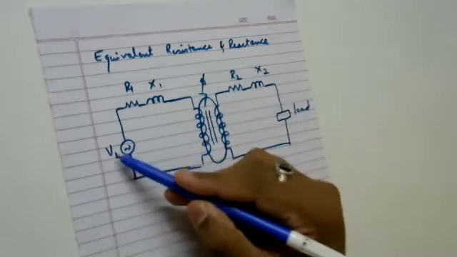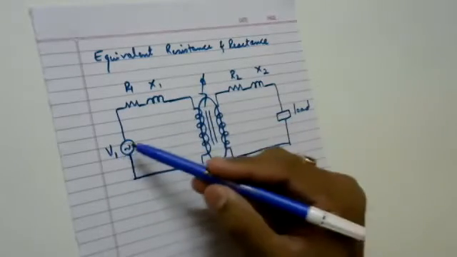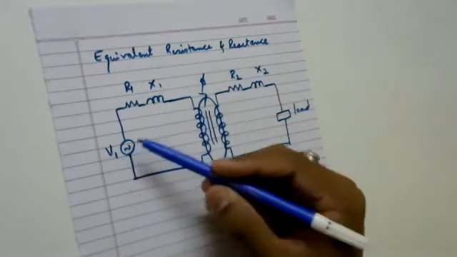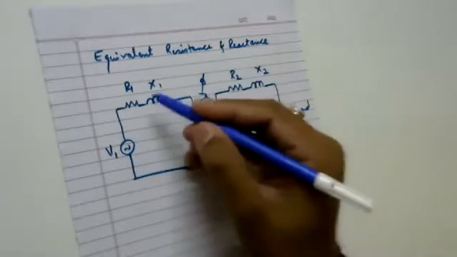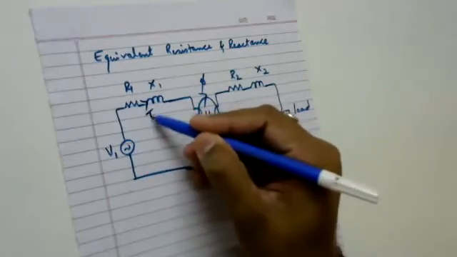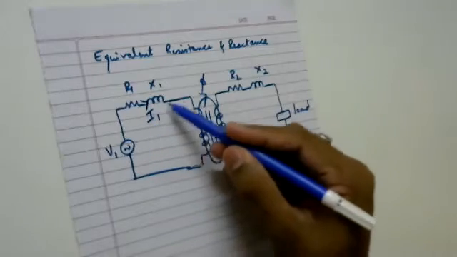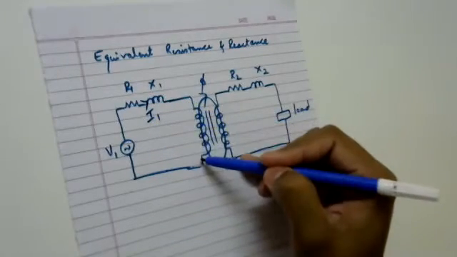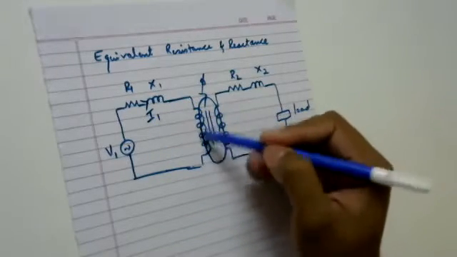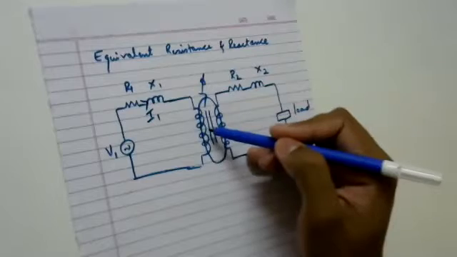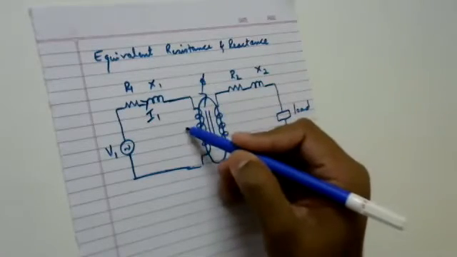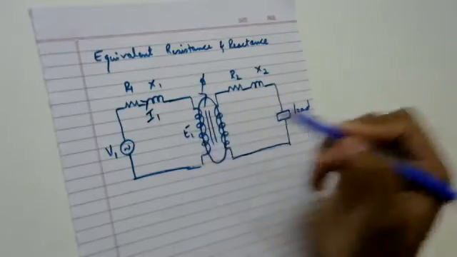So when I excite the primary winding with the help of an AC voltage source V1, since the circuit is a closed circuit, I'll get a primary current I1. When this primary current I1 flows through the winding, it produces a flux. First, it links with itself and hence produces a self-induced EMF, E1.